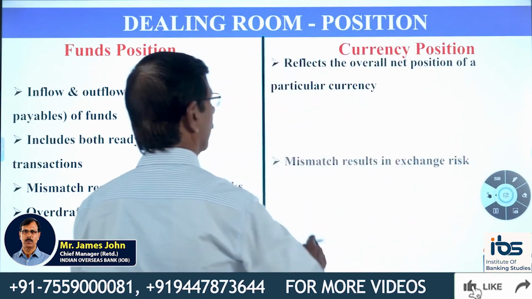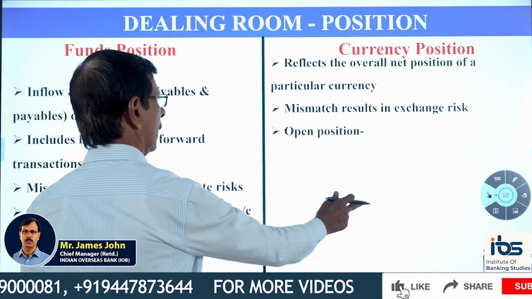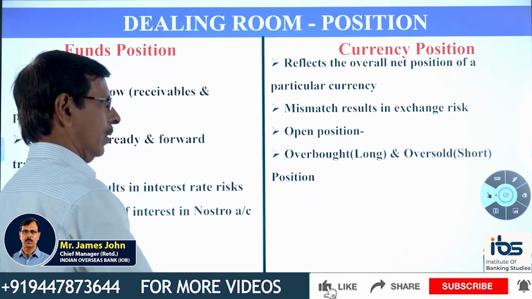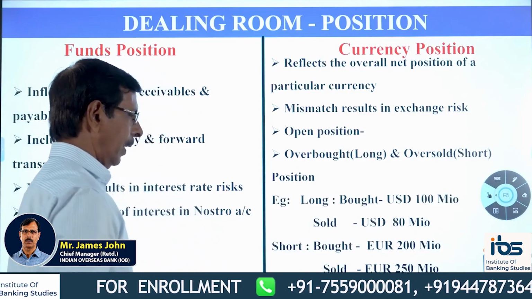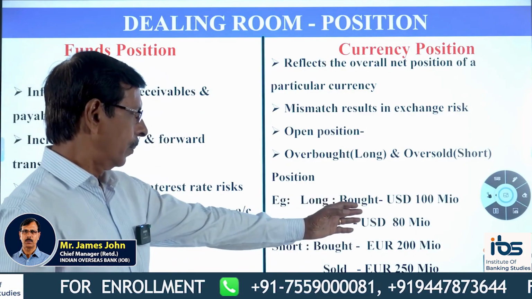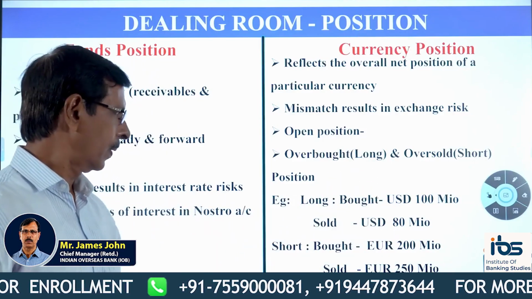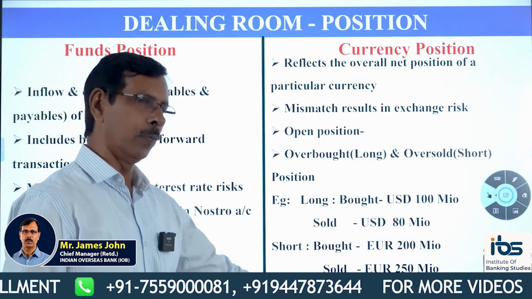It reflects the net position of a particular currency; a mismatch results in exchange risk, open position, overbought and oversold. Overbought is called long and oversold is short. In the example I gave for long, they purchased 100 million and sold 80. So purchase is more. And short means euro 200 million purchased, they sold 250 million.